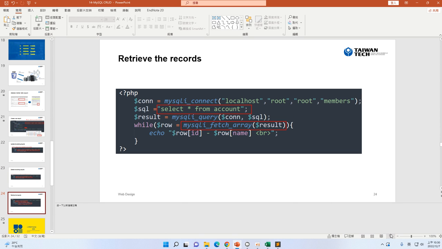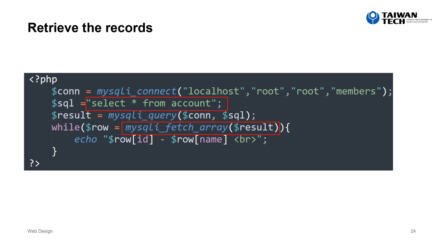Okay, and now we want to read some data from our table. So you need to select a specific table. For example, today I use account. So I can select asterisk from account, and the result is mysql_query with the connection and SQL.